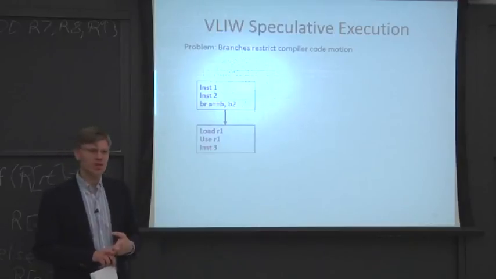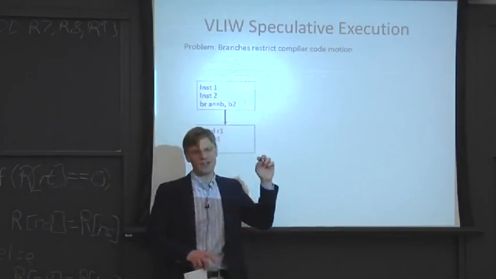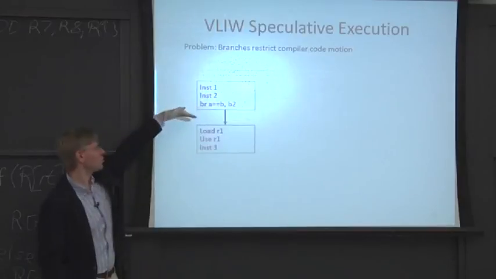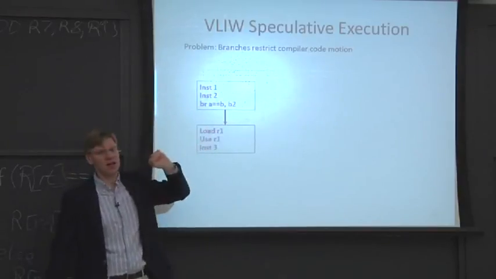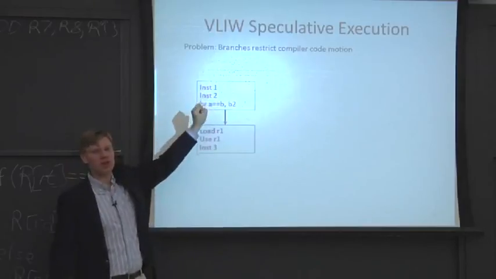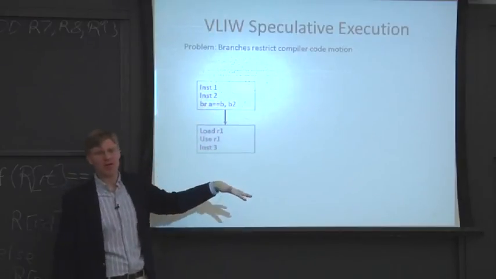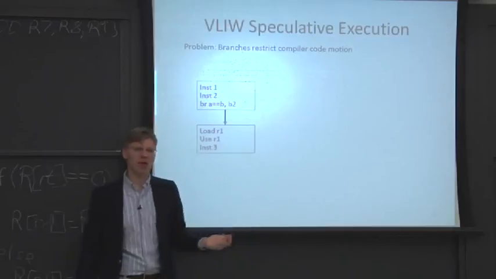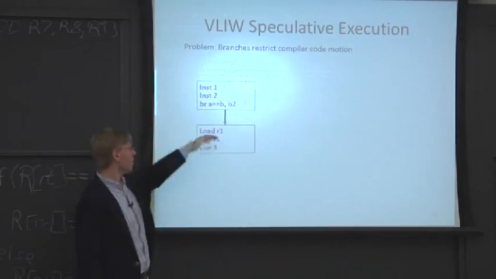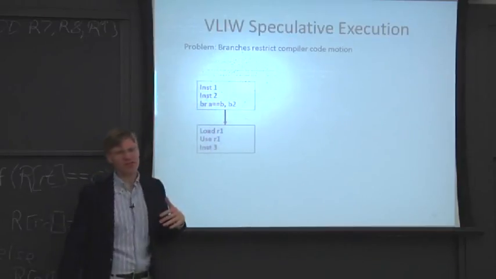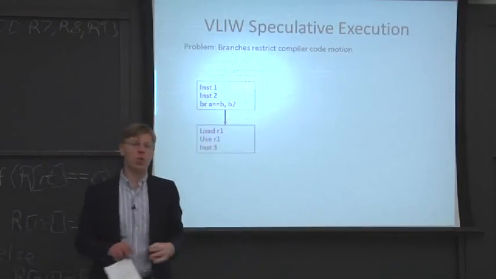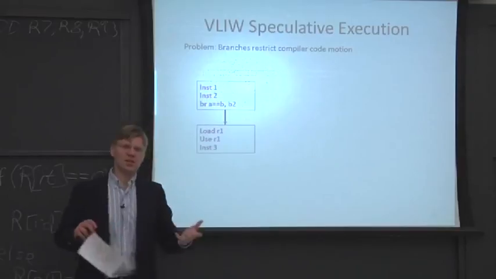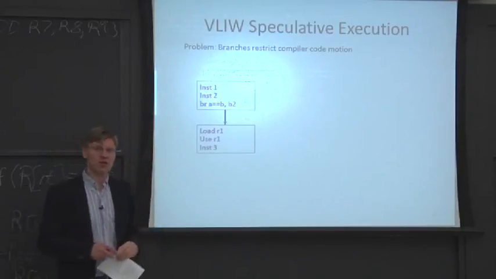Even though nothing went wrong, this branch was supposed to protect this load from ever executing. So R1 here, let's say, just gets loaded with some bogus value if the branch is taken. The compiler knew that, and the programmer knew that. But all of a sudden, the compiler decides to reorder things and has moved the load up because it wanted to get more performance. This is something you can do in out-of-order superscalars also.